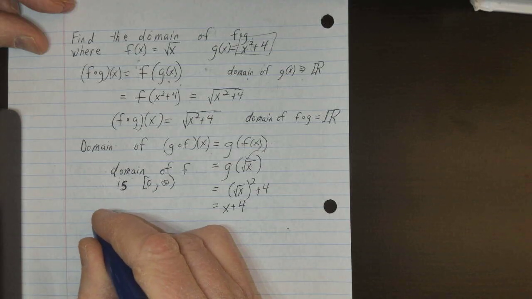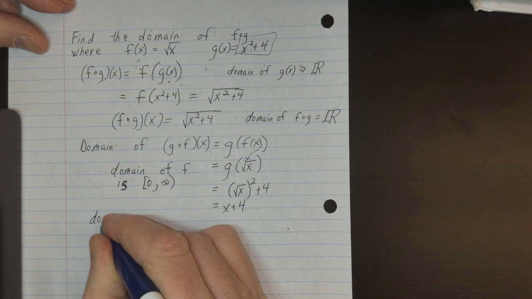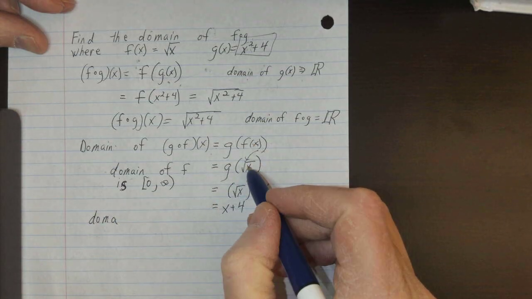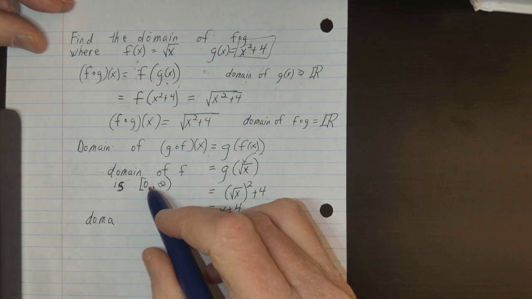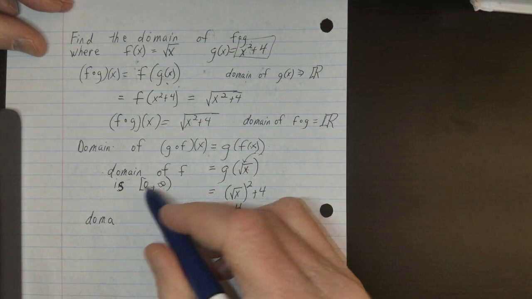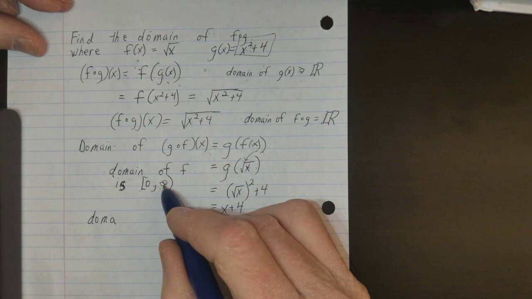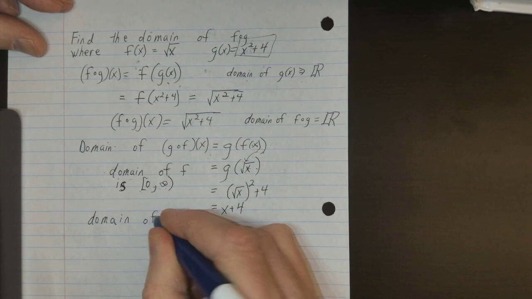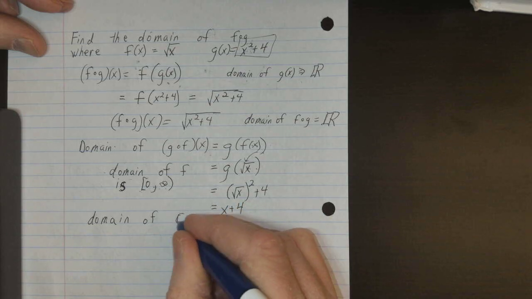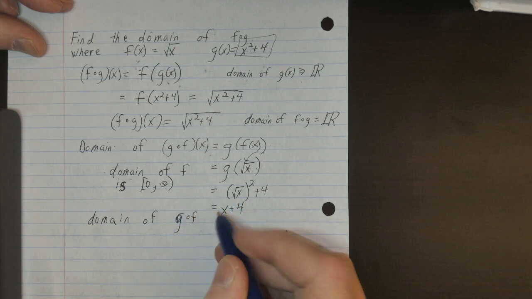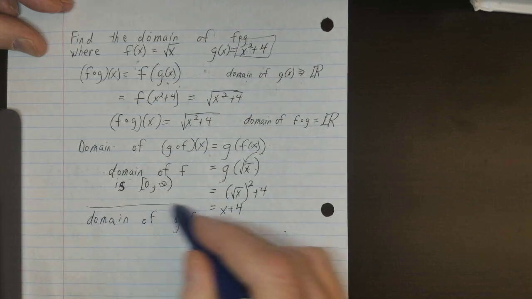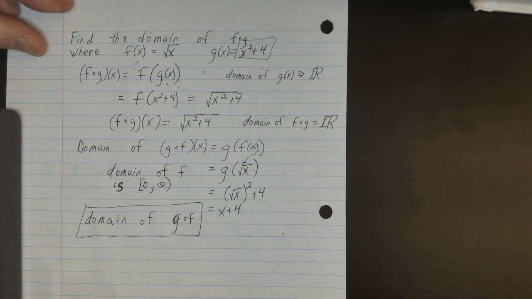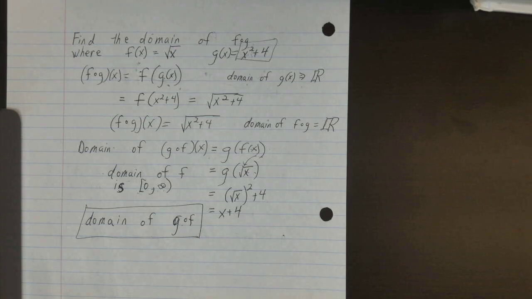So we've got to look at what we can put in first. The first things we put in g, we can only put in 0 or non-negative numbers, 0 and higher. That becomes the domain of g of f. Those are the numbers that you're going to be able to put in for the composite function, g of f of x. All right, you guys take care.